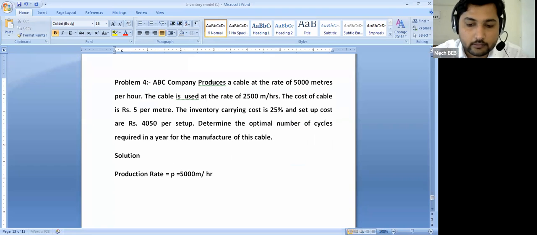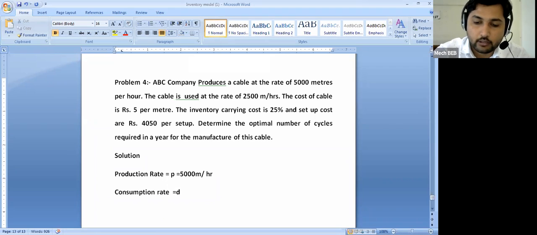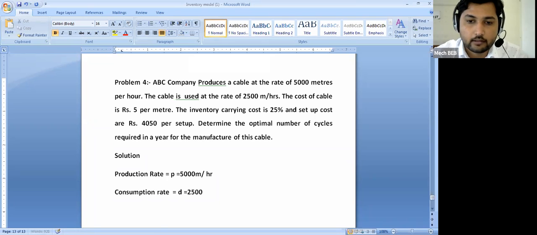Then the consumption rate, or used rate, is equal to small d. Remember the nomenclature: small d is equal to 2500 meters per hour. P is known to you, D is known to you.